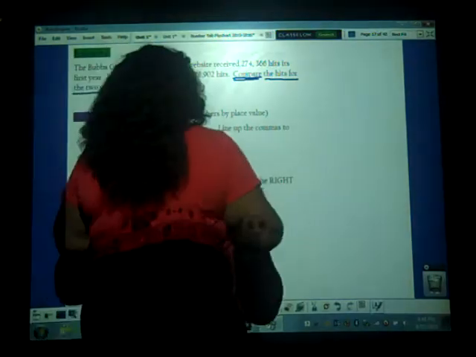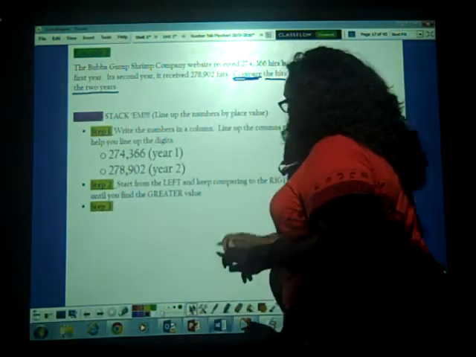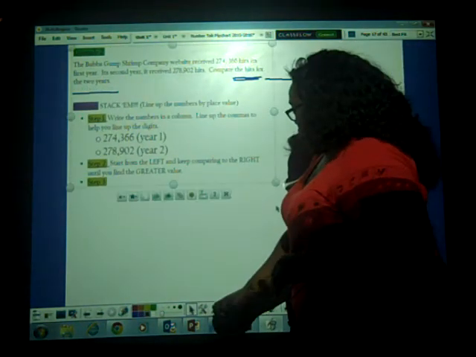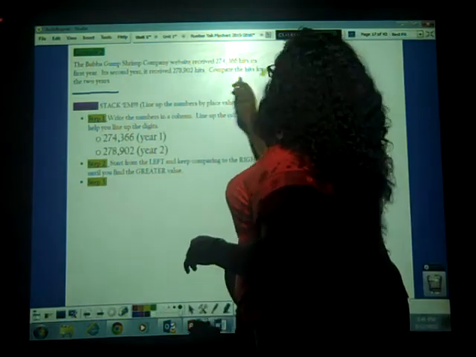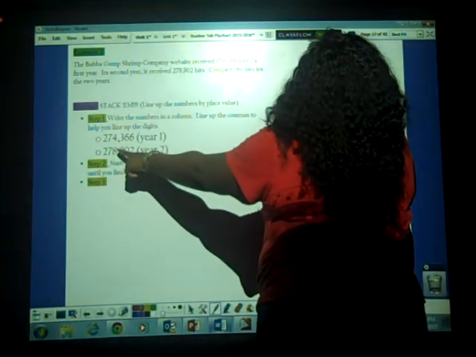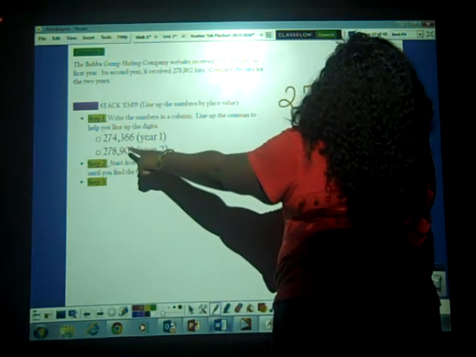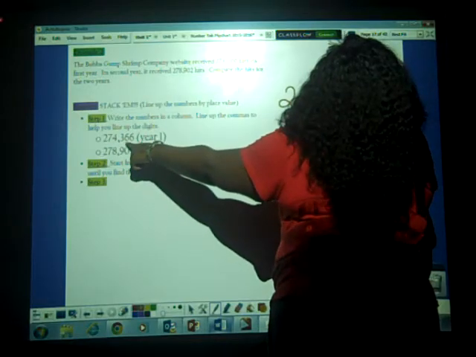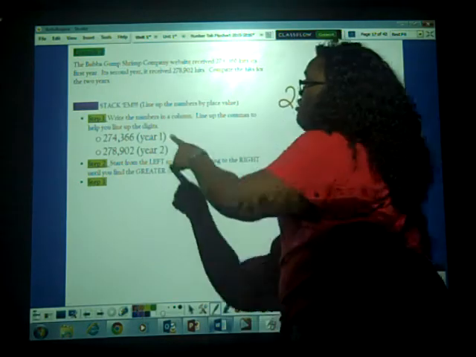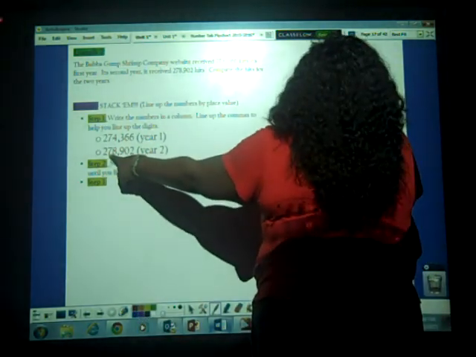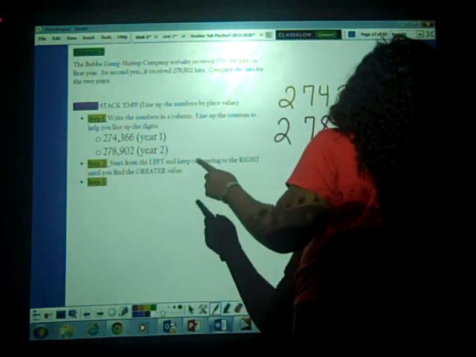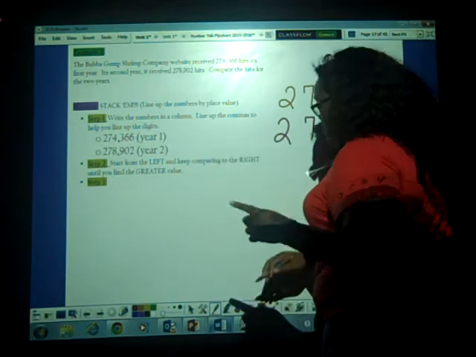Let's come over here. Let me make this a little bit smaller, so I can do some drawing. So we're going to take 2, 7, 4, 3, 6, 6, this is year 1. Then I'm going to take year 2, 2, 7, 8, 9, 0, 2.